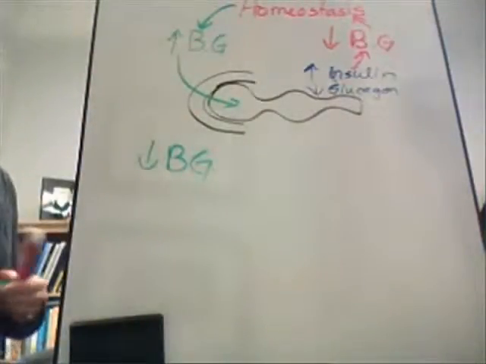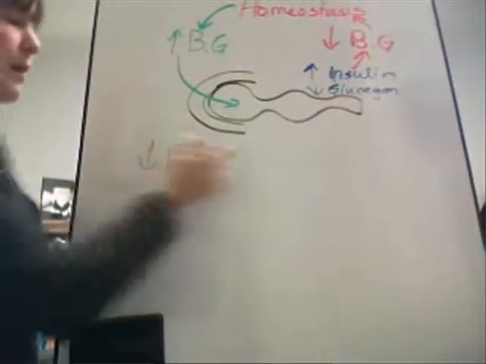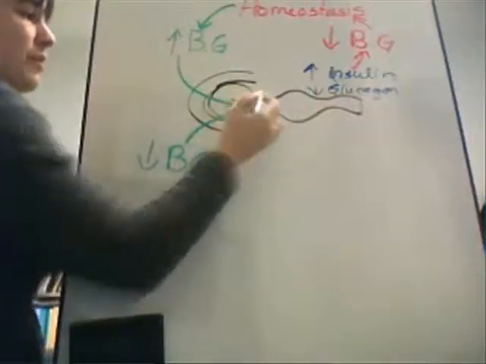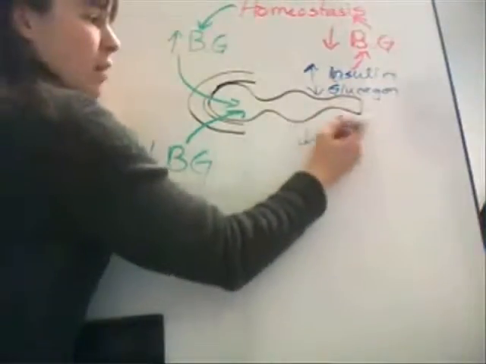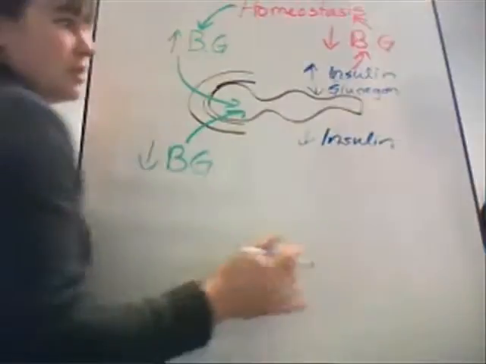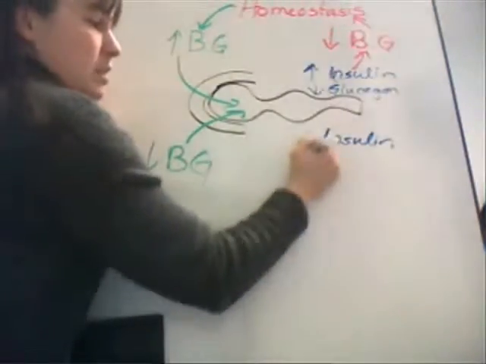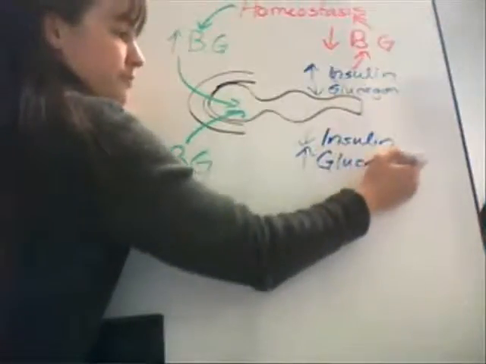and I get this depression in the amount of blood glucose levels, now I need my pancreas to do the opposite effect. So this time, when blood glucose levels are low, the insulin amounts are going to decrease. The beta cells are going to stop producing insulin. And the alpha cells are going to pick up their production of glucagon.